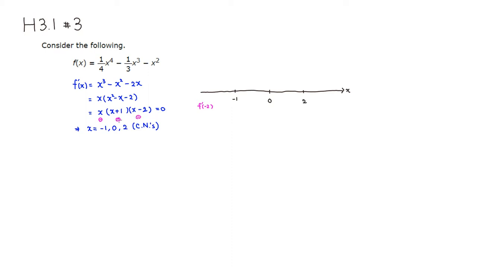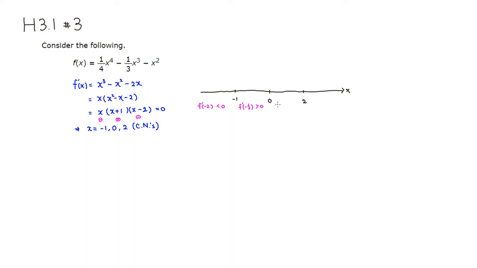So negative times negative times negative is negative. Between negative 1 and 0, we're going to try f prime of negative 1/2. This is still negative. Negative 1/2 plus 1 is positive. And this is still negative. Negative times positive times negative is positive.